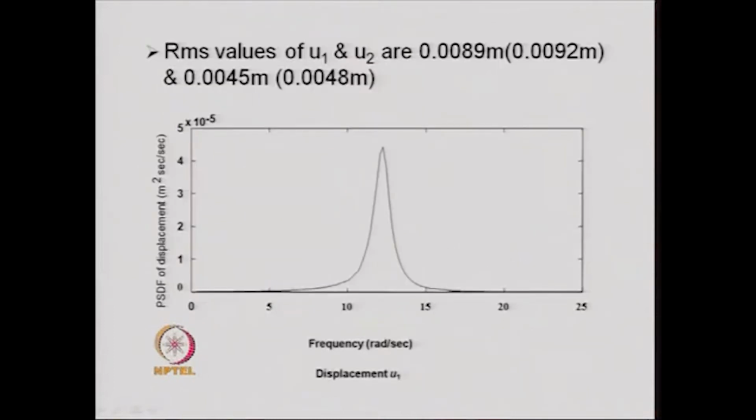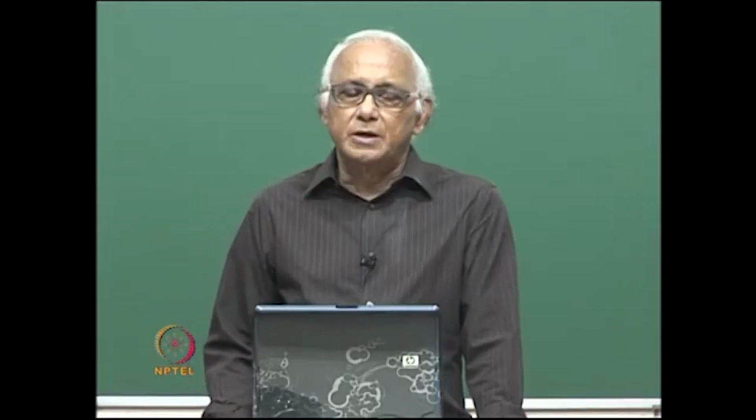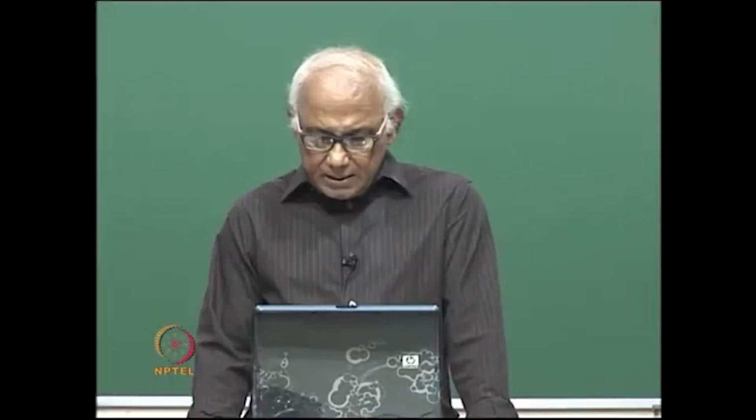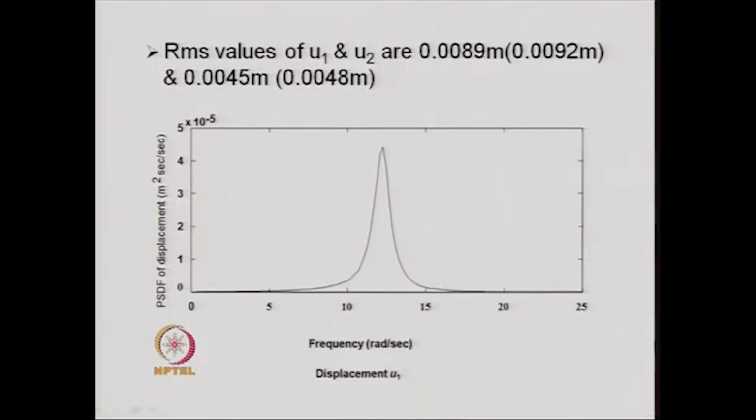With the help of that, we obtained the power spectral density function of the responses U1 and U2, and from that the area under the curve provided us the root mean square value of the responses. These root mean square values were compared with the time domain analysis. Note that the excitations were the El Centro earthquake record and the El Centro earthquake power spectral density function. They are the inputs respectively for the 2 kinds of analysis. So, you can see that the comparison was very good.